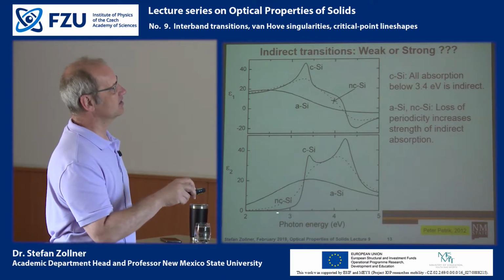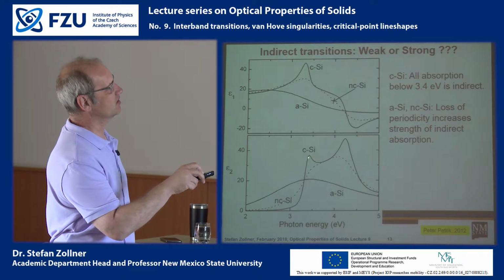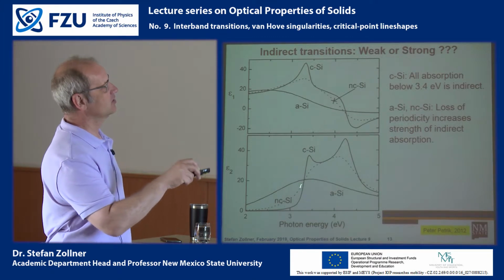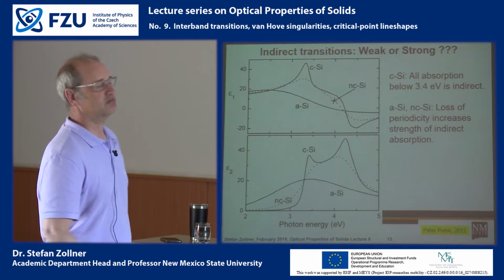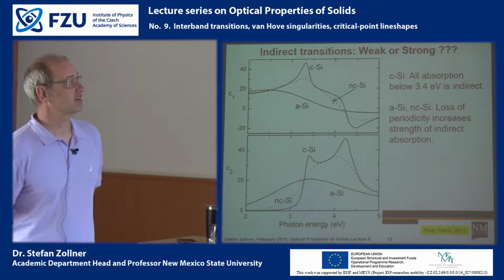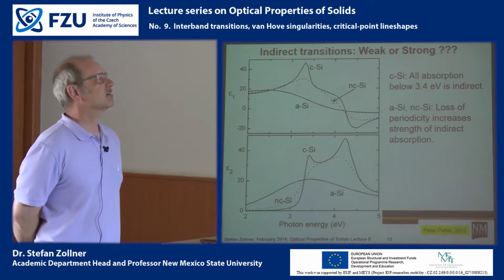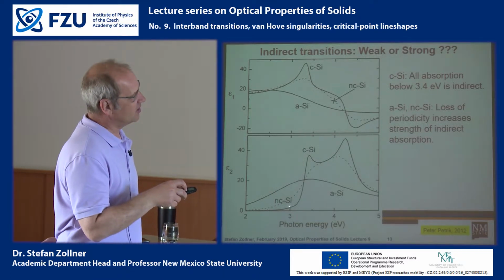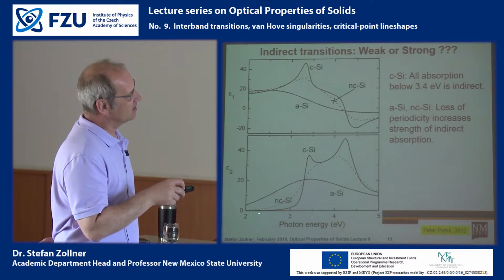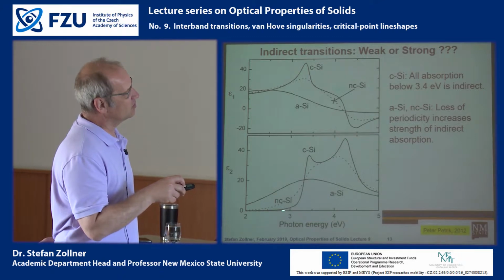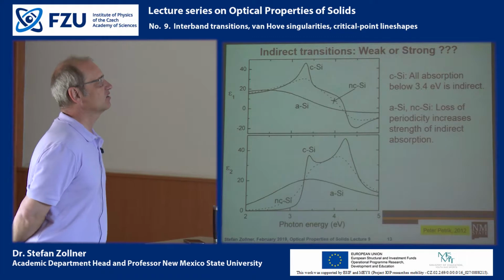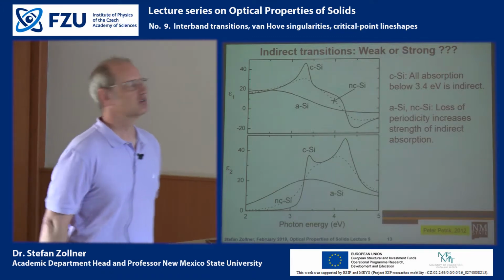The solid line here is crystalline silicon. And you see here there is a very strong rise of the absorption coefficient in crystalline silicon at around 3.4 electron volts. And that is the onset of direct transitions. And everything below 3.4 eV in silicon, those are all indirect transitions.